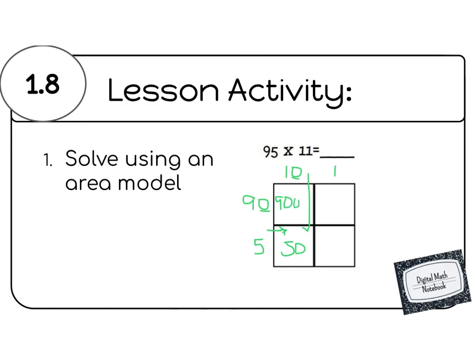That's 900. 90 times 1 would be 90, and I'll let you fill in this box here. Then you'll need to take all these numbers and add them together. 900 plus 90 plus 50 plus the number that you find. Add them all up and write your total here.